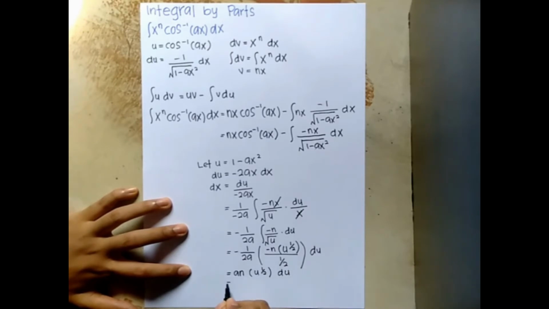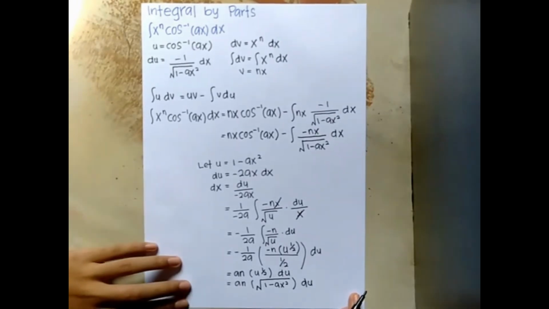So our answer is an times this one is square root of 1 minus ax squared, and then du.